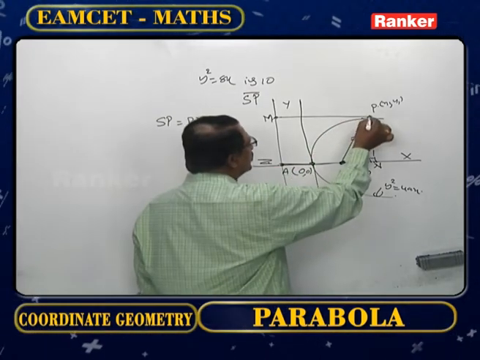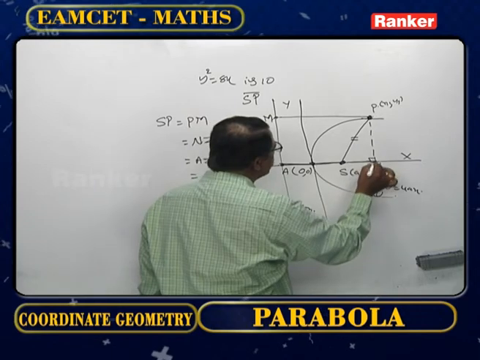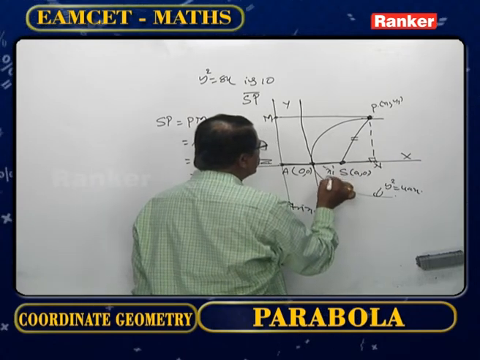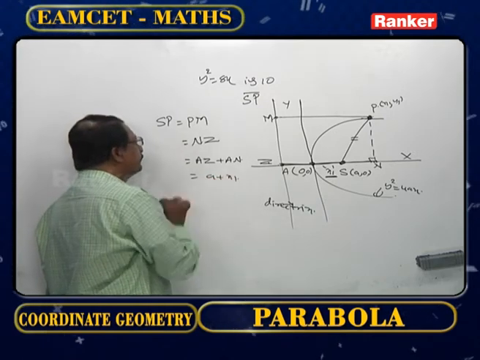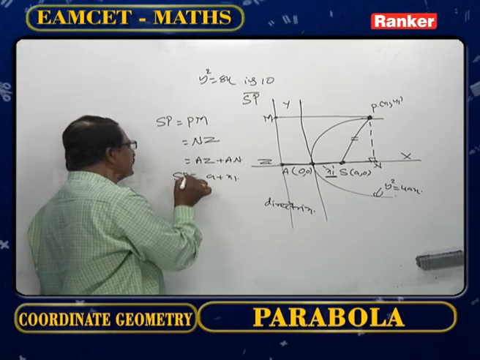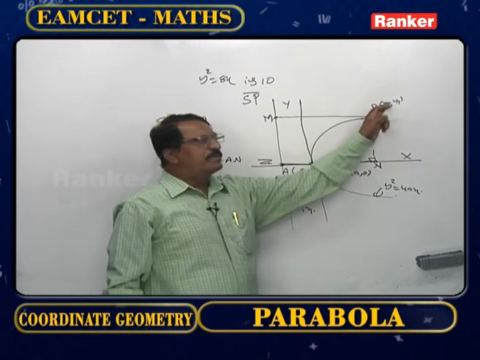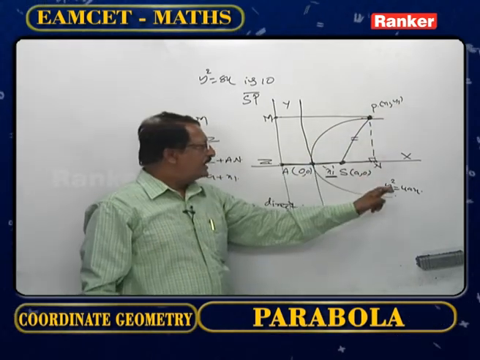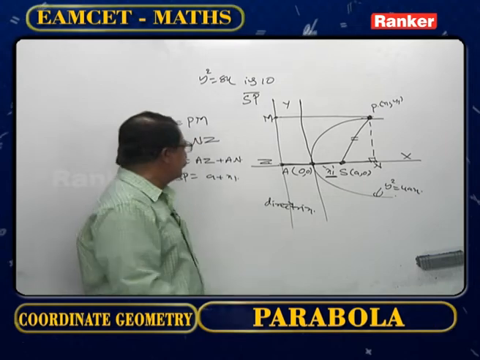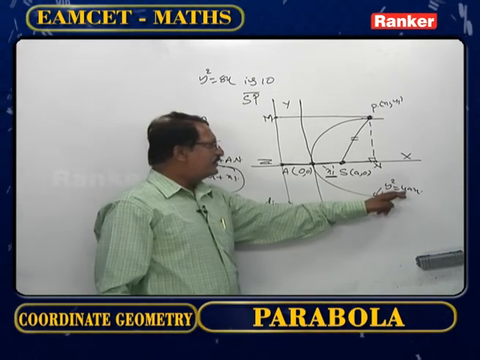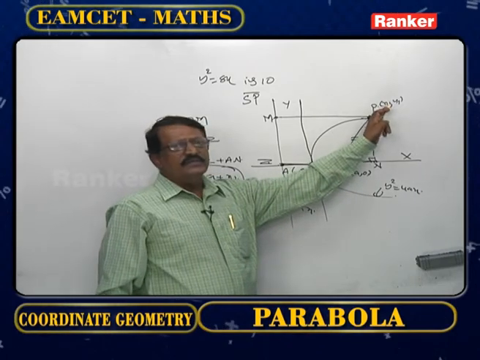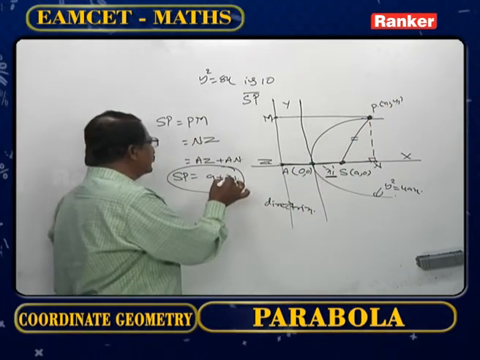For the point P(x1, y1), AN equals x1. So the focal distance of the point P(x1, y1) on the parabola y square equals 4ax is a plus x1, meaning 1/4 of the latus rectum plus the x coordinate of the point.